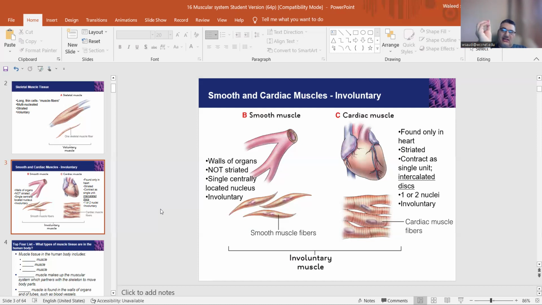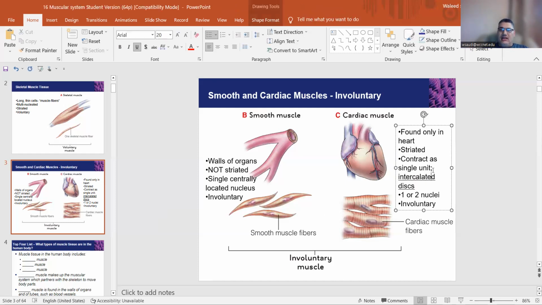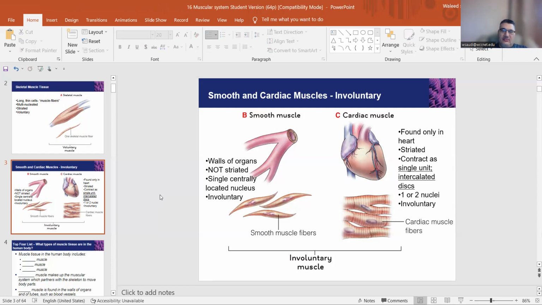You cannot contract this piece of the heart and the other piece is not contracting. That doesn't work. You have to contract, pushing out the blood, the whole unit, and then relax to receive blood. And then you contract again, pushing out the blood and so on. Contract, relax, as one unit. You can't do like this is contracting and this is relaxing. No, you can't do it this way. It has to be a single unit thanks to the intercalated discs doing that for us.